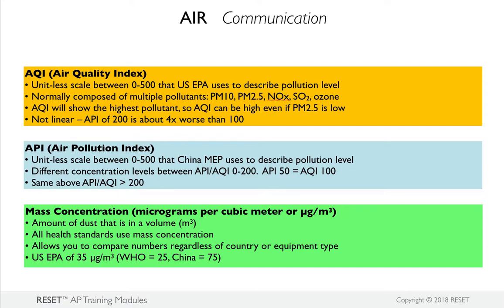And this is important because when we talk about particulate matter in reset, it is different than an AQI. Some of you might actually look to see what the AQI, the air quality index, is when you go outside, or you want to see if it's a safe day.